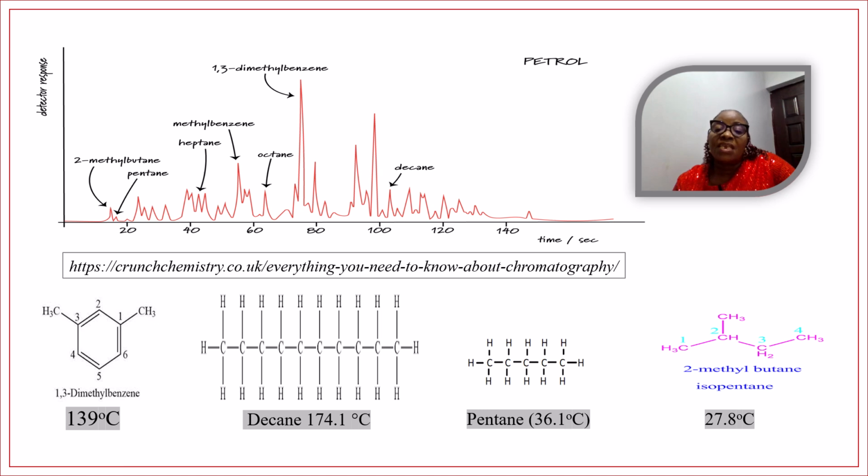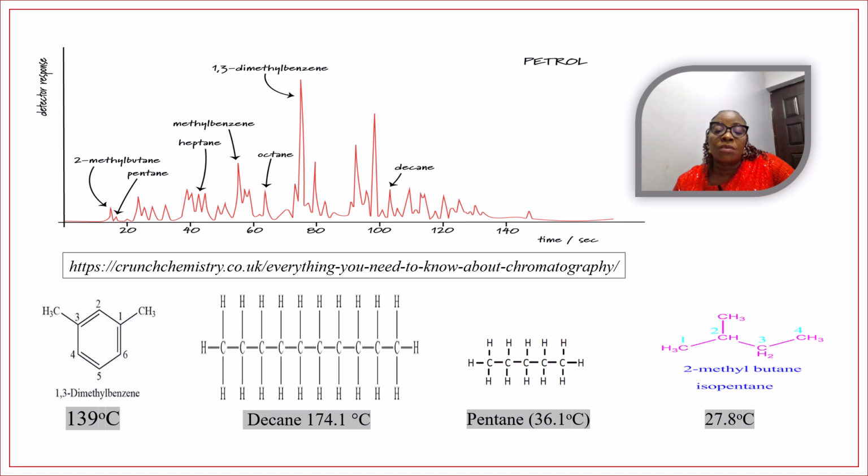It is expected that the 2-methylbutane will elute first because it is a branched alkane. Branched alkanes generally have lower boiling points than their corresponding straight chain normal alkane isomers.